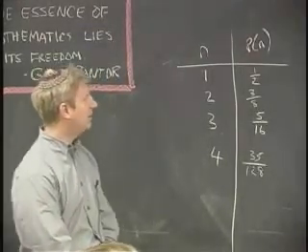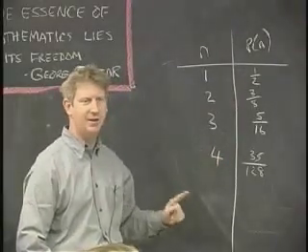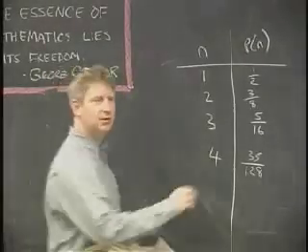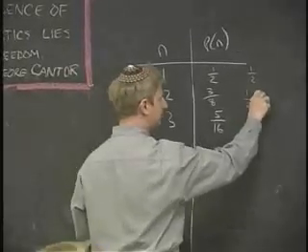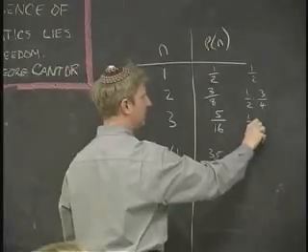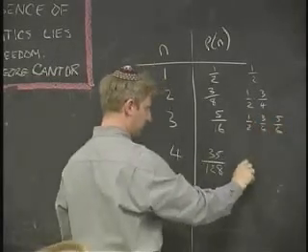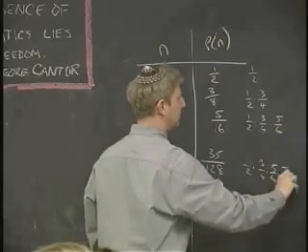I kind of hid the pattern a little bit because I converted everything to lowest terms as I went along. If I hadn't, I wouldn't have hid it so much. But here's what actually happened. This is a half. This is a half times 3/4. This is a half times 3/4 times 5/6. This is a half times 3/4 times 5/6 times 7/8.